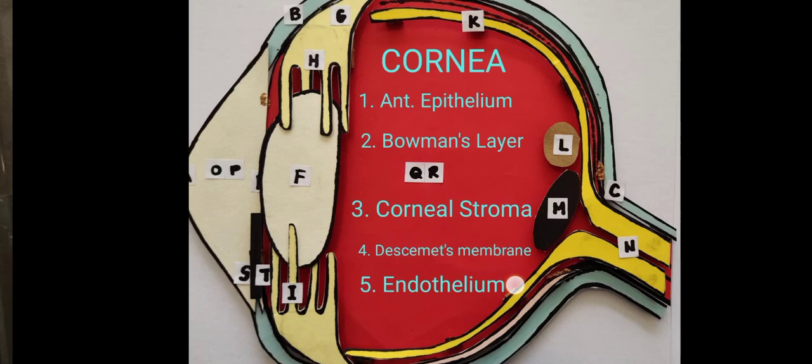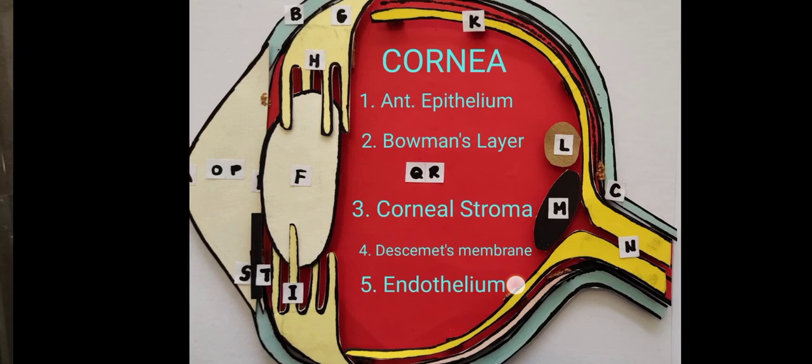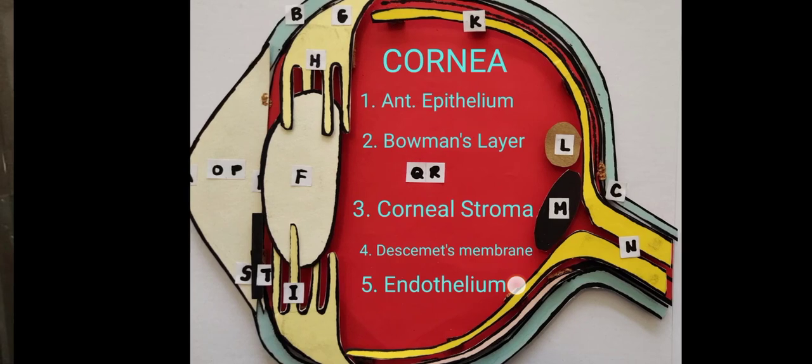This is because its main function is, number one, it is a refracting media. That means it can refract light so that the light that goes through it will be focused on the retina. It is also a transparent media.